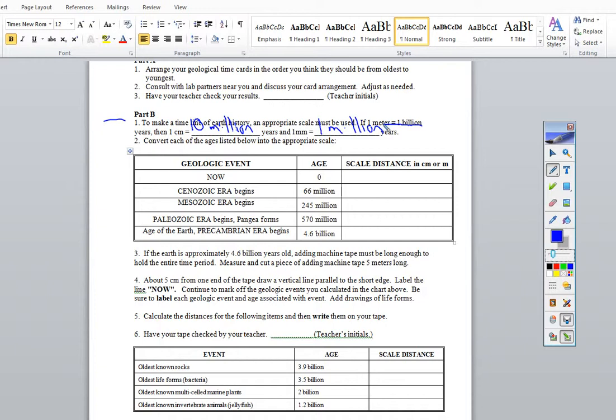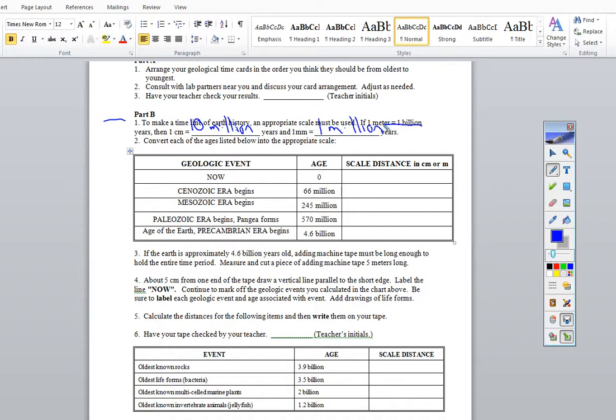So 4.6 billion years is equivalent in time to what? 4.6 billion. Okay, keep working on it. If 1 billion years is equal to a meter stick, how many meters am I going to need? Just start with that.